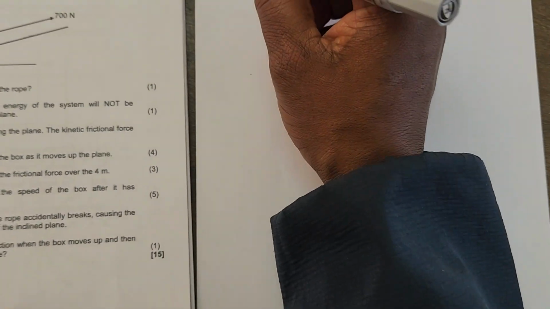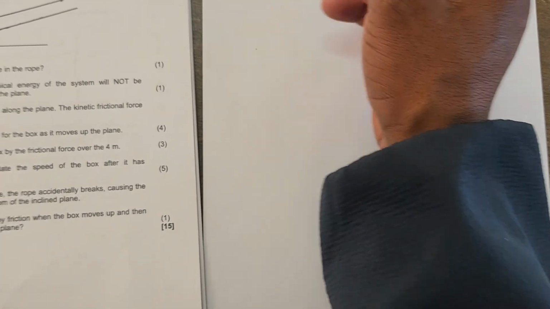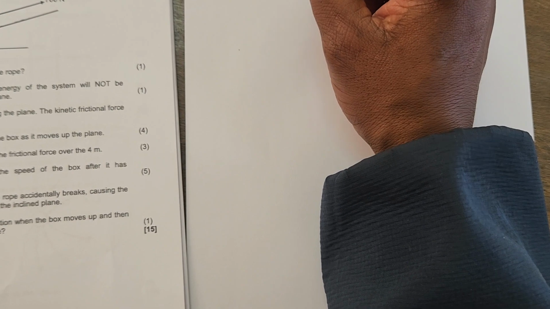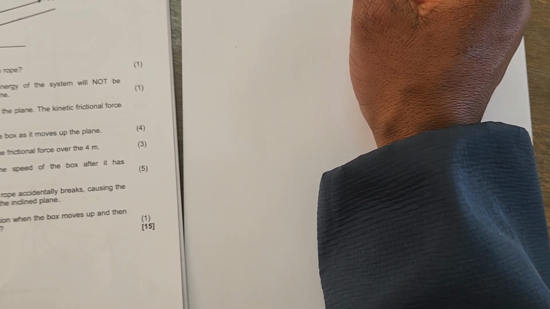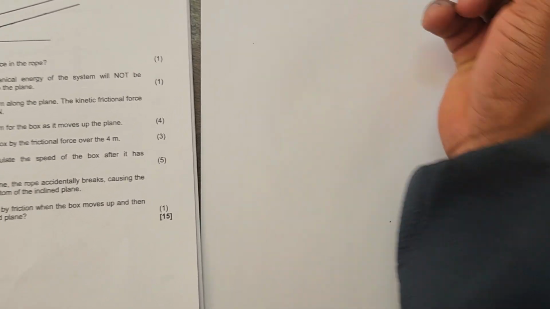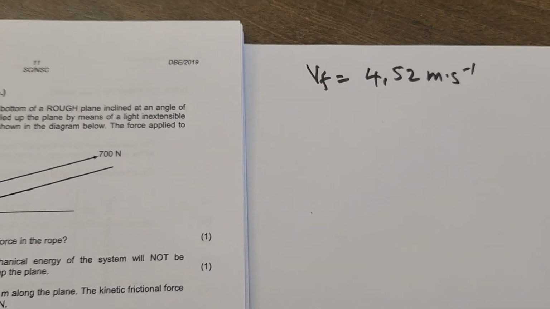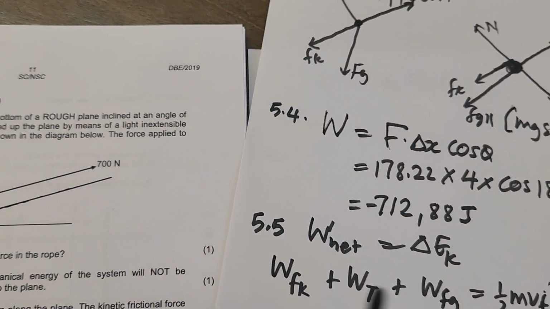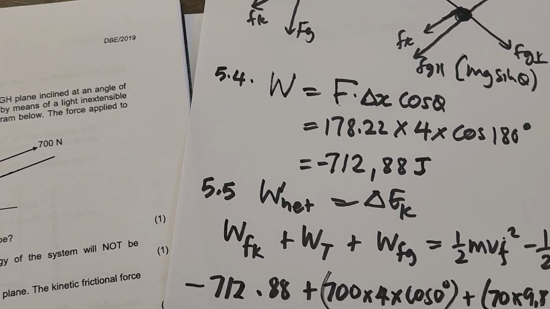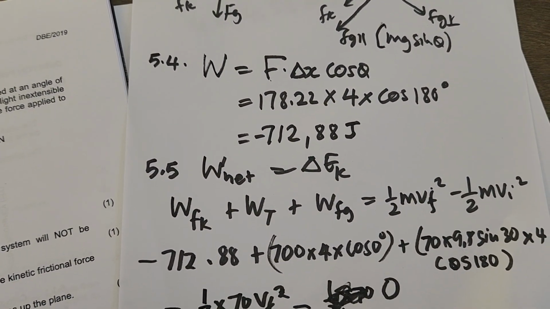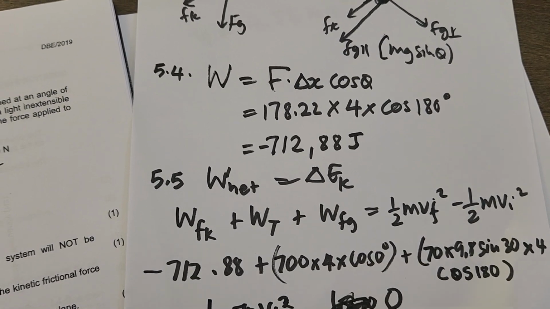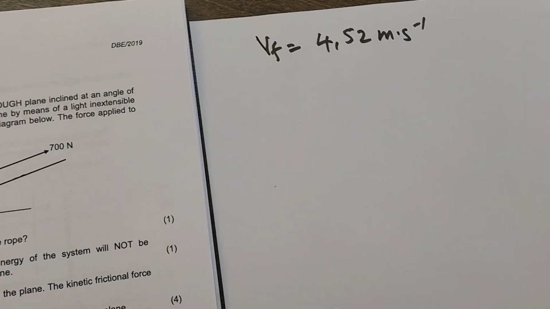The final velocity after 4 meters will be 4.52 meters per second. You can verify that with your calculator as long as you have substituted everything correctly, then you will get it right. I think that's the first one.